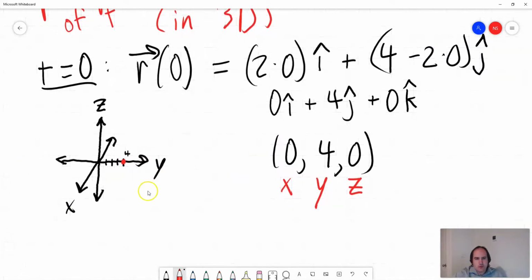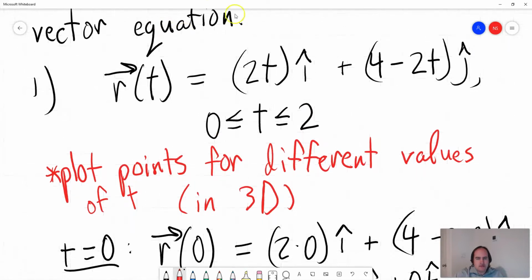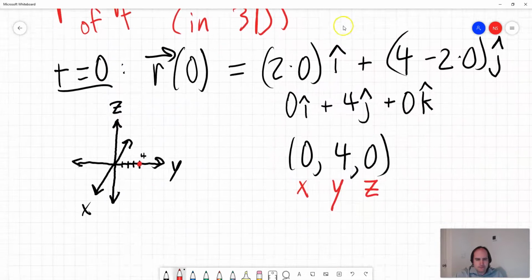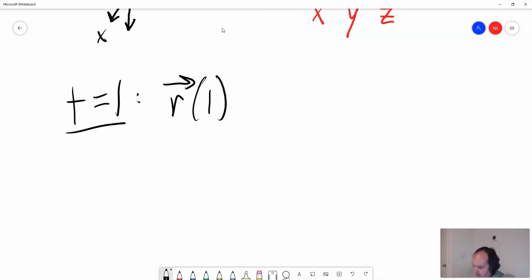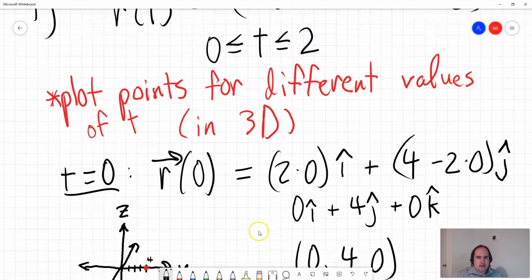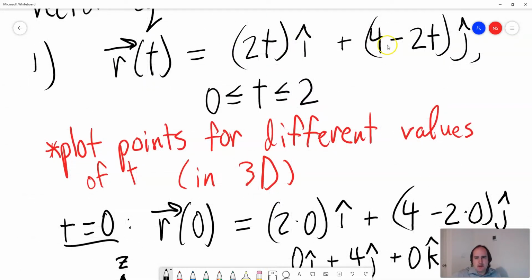And then for our second point, we're going to go ahead and do t equals 1. So once again, we're going to be plugging into our equation r of t. So now we're going to do r of 1. Okay, so when t equals 1, we're finding r of 1. Okay, and r of 1 is going to be 2i plus 4 minus 2 is going to be 2j plus 0k.